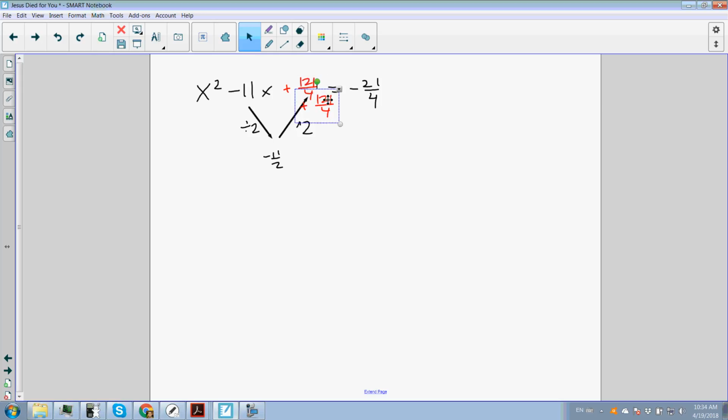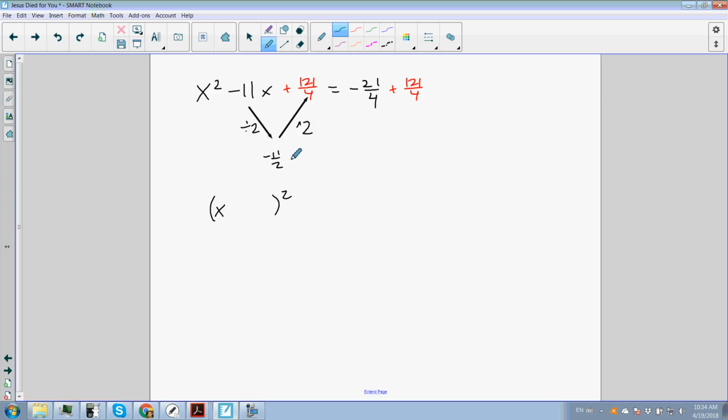But we have to add 121 fourths to the other side as well. That comes out nicely. So now, what is this perfect square trinomial? What is it the square of?